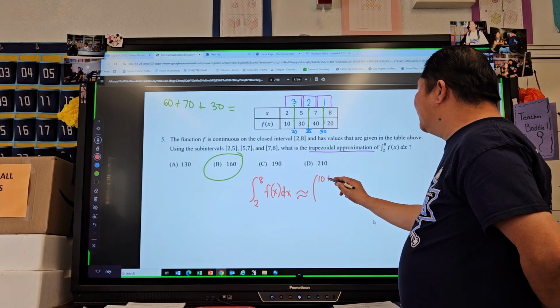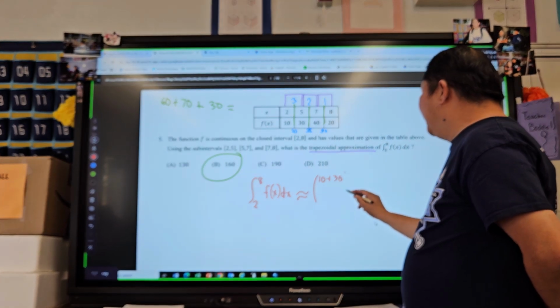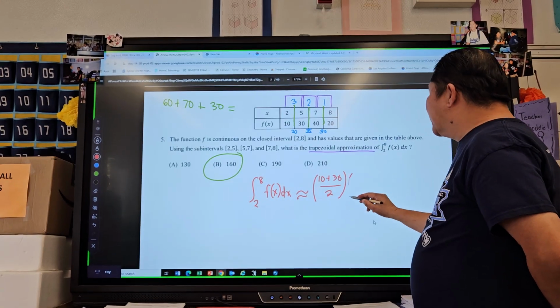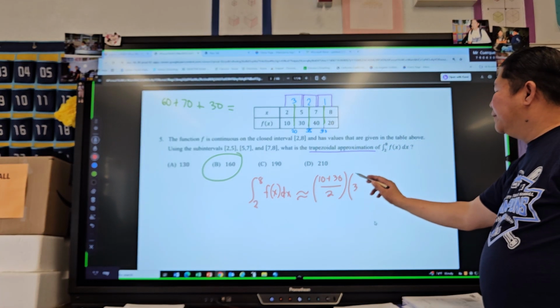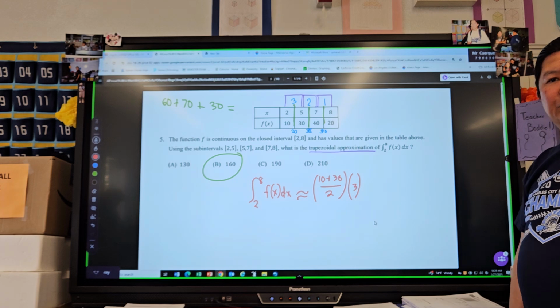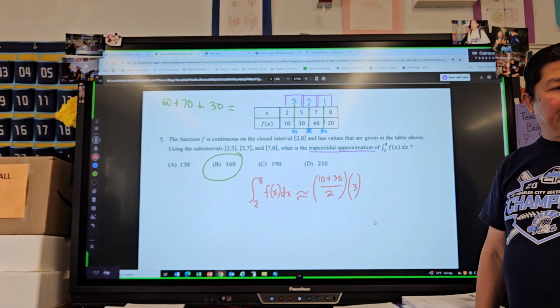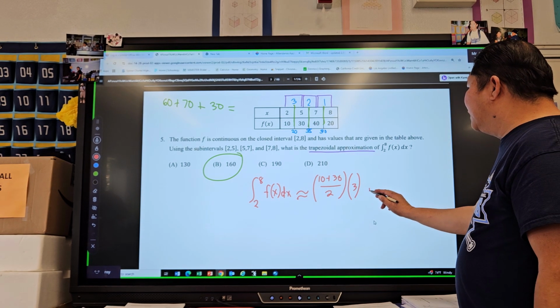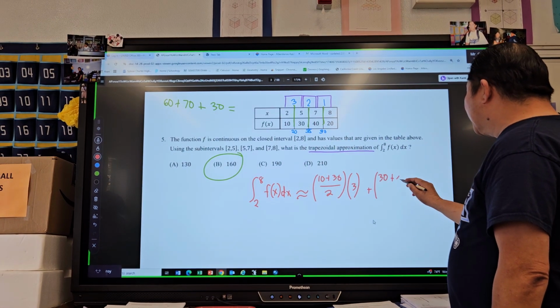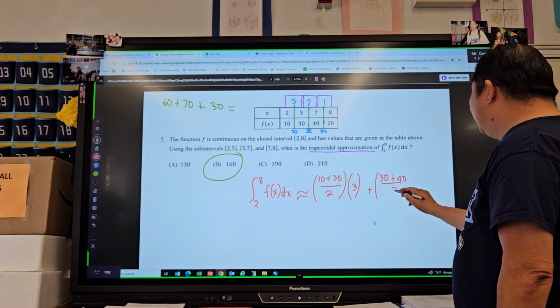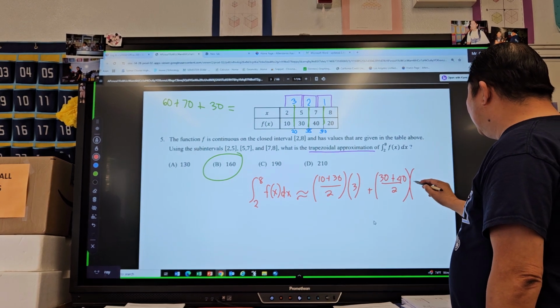10 plus 30 divided by 2 times the height, which is 3, right? For you to earn 3 points. And then plus 30 plus 40 over 2 times 2.